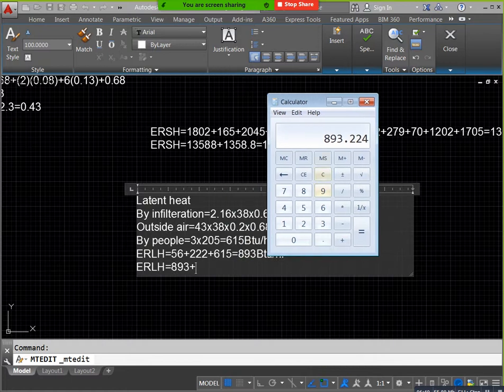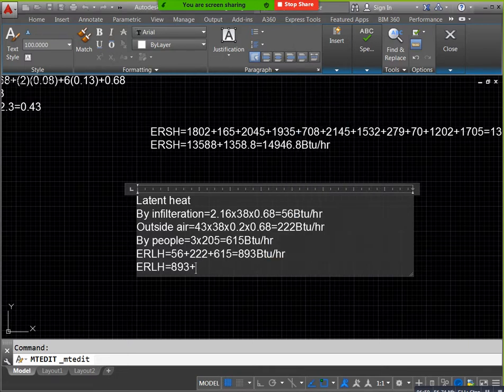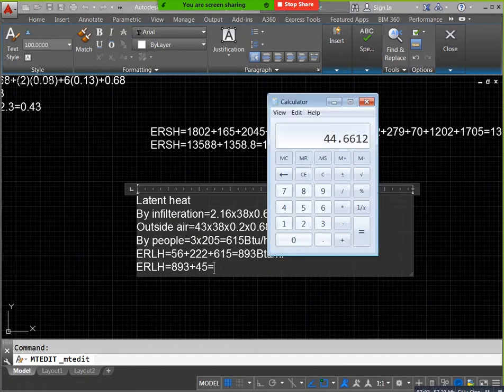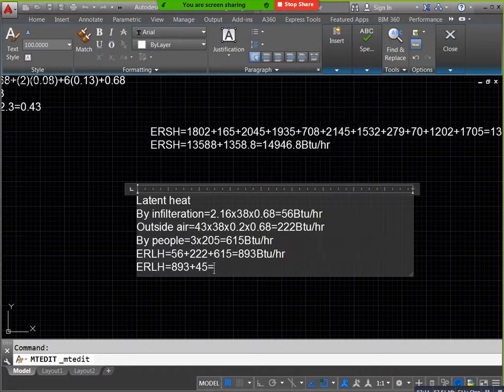Now you will consider 45. Okay, now you can add 45 plus 893. Totally we have 938 BTU per hour. Now we calculated ERLH. Next we need to go for OAH. OAH means outside air heat. We need to calculate this one also.